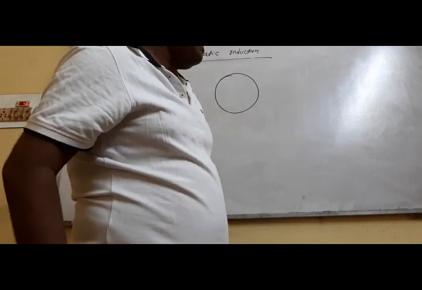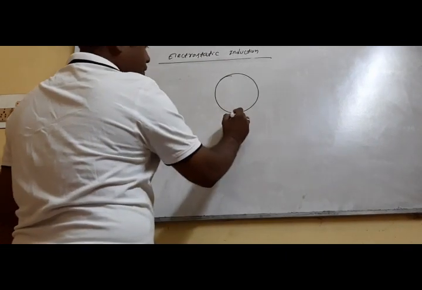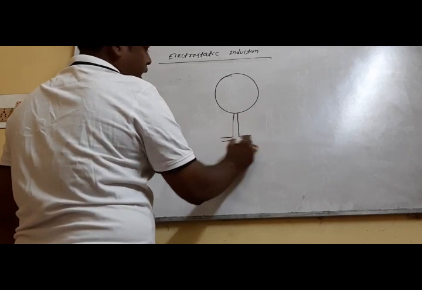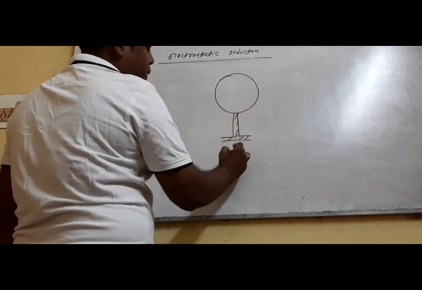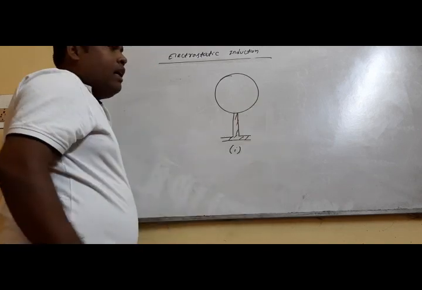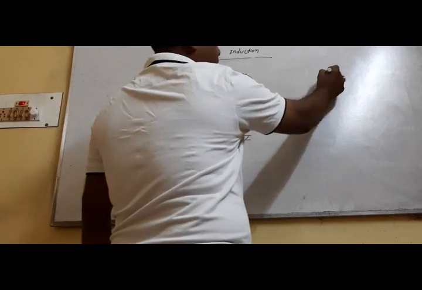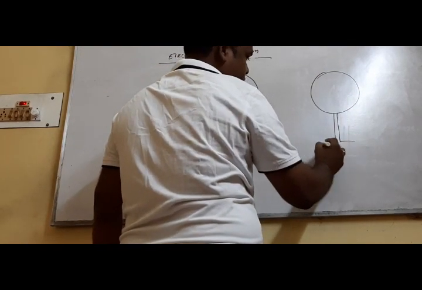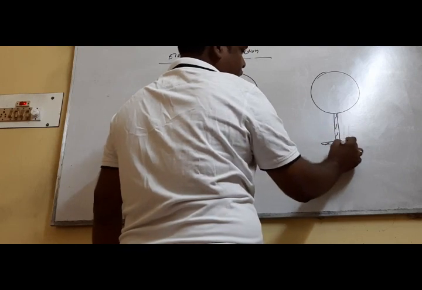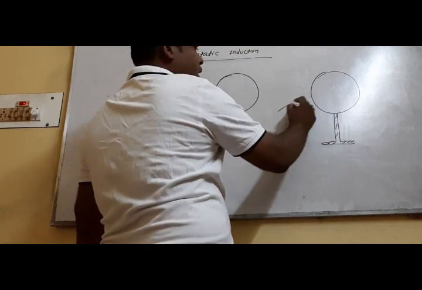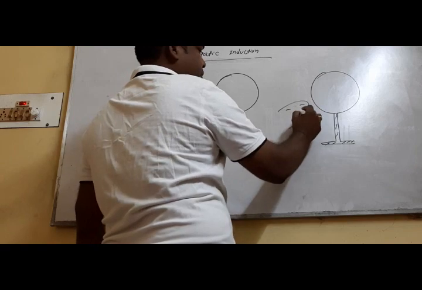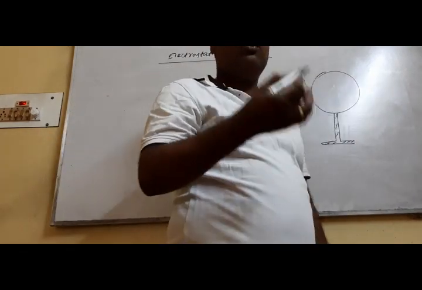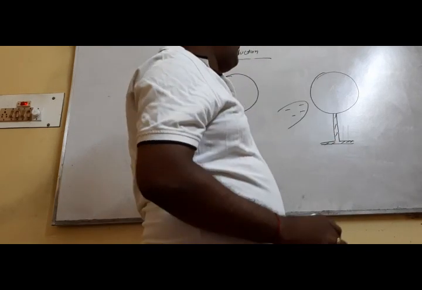The first step is to keep it on an insulating stand. The second step is that you bring a negatively charged body, because we want to give positive charge to this neutral conductor.